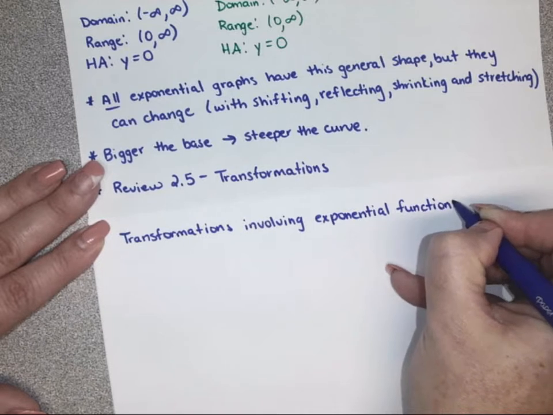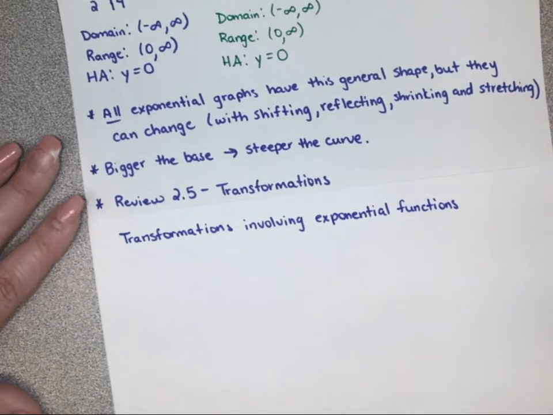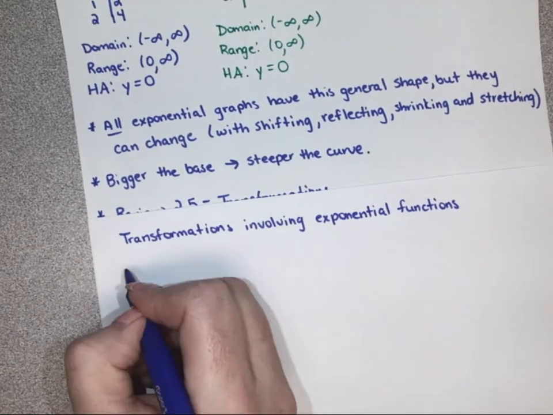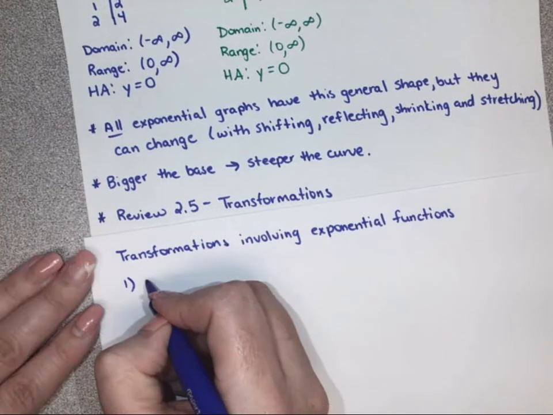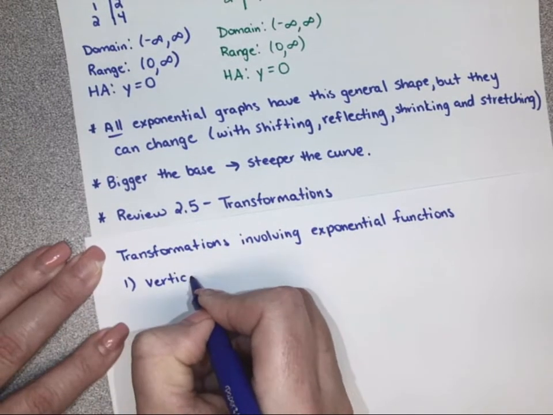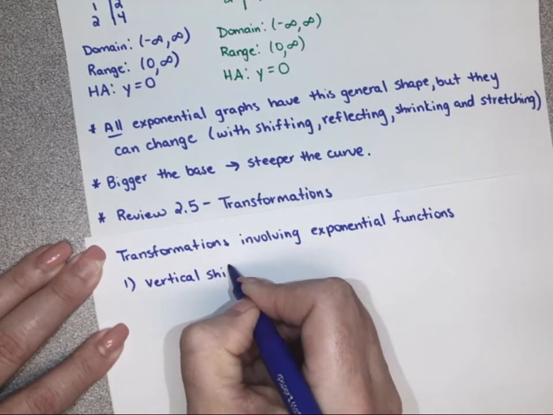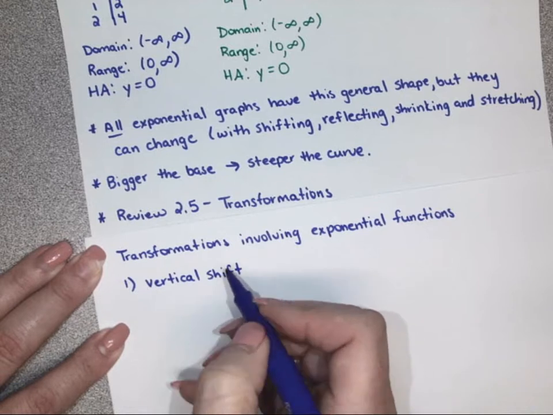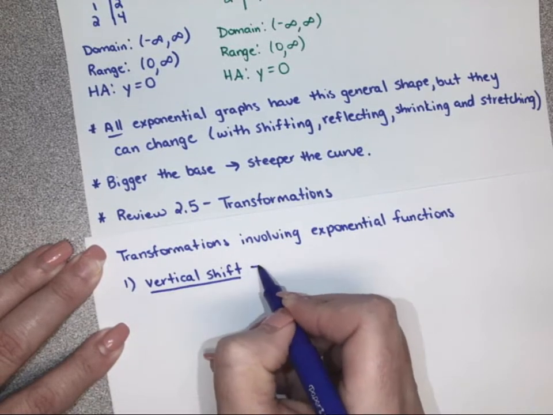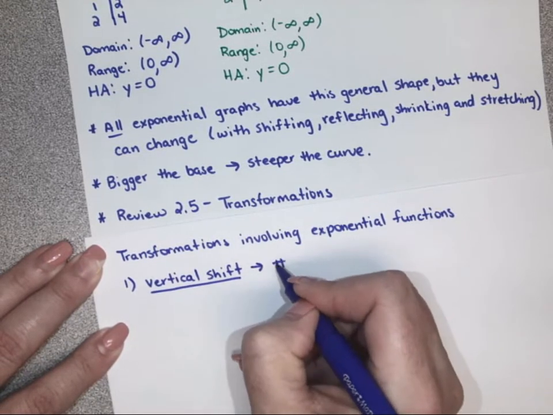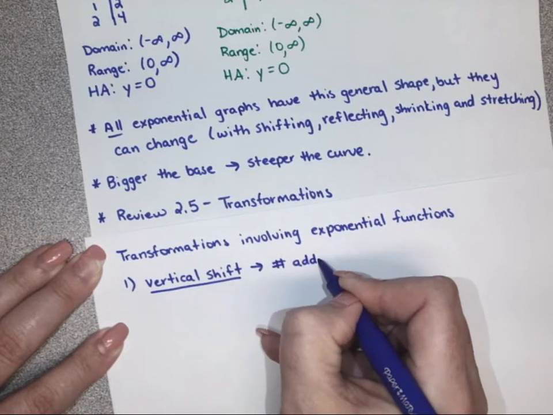So I'm just going to kind of review them with you real quick here. All right, so the first type of change you can have is a vertical shift. And remember, a vertical shift is when you add a number outside the function.